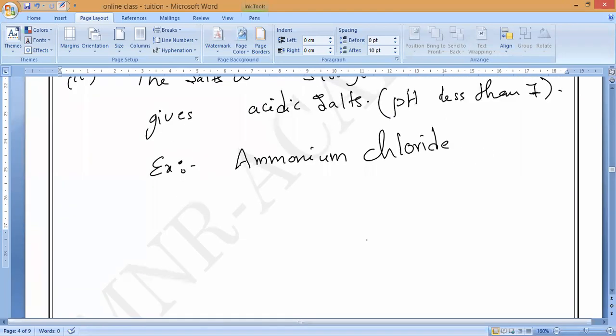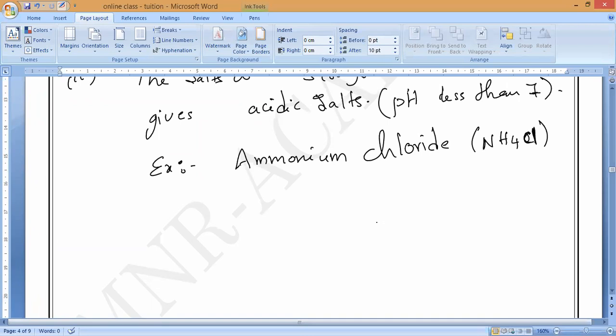What is the formula of ammonium chloride? NH4Cl. Let us take this example.